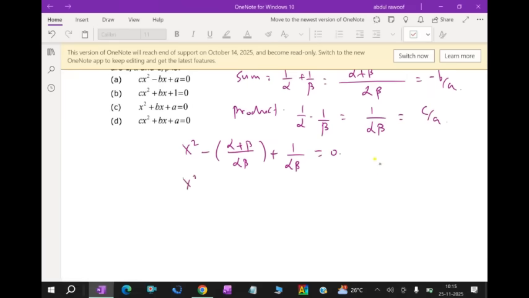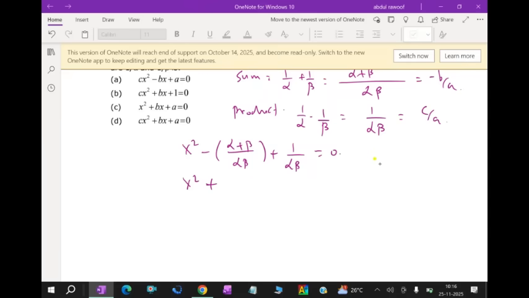Therefore, x square, the sum of the root is minus b by a. Here minus minus plus b by a plus c by a. No, here, look at this.